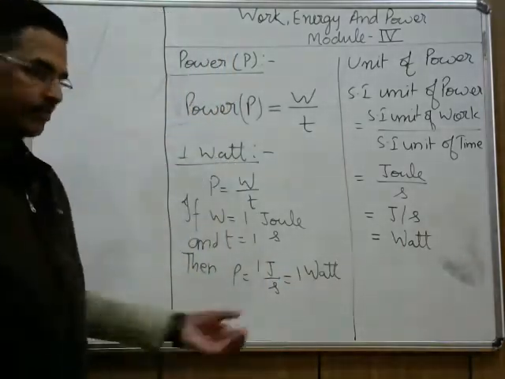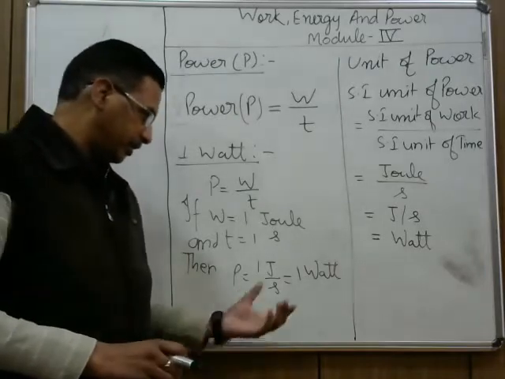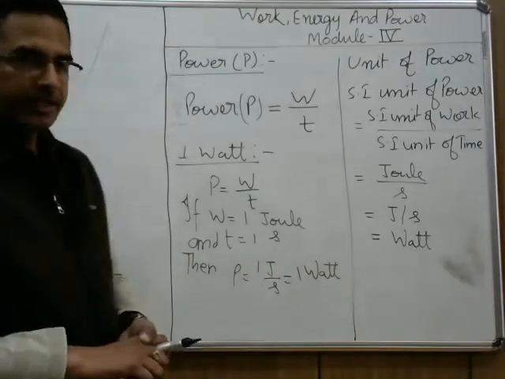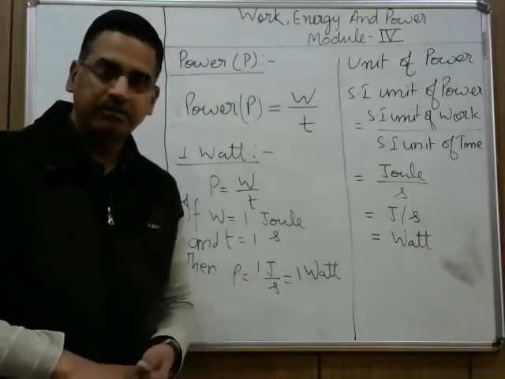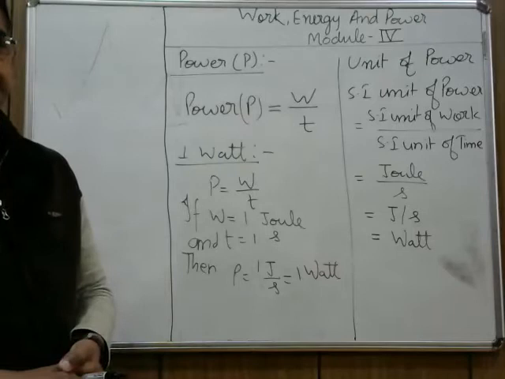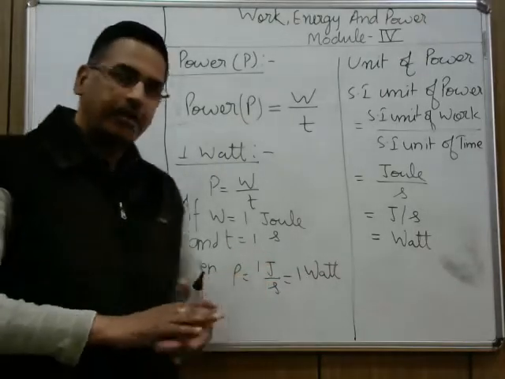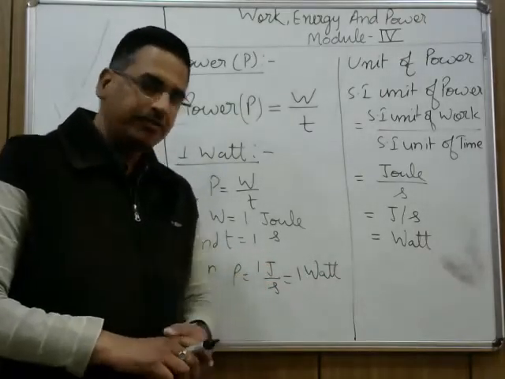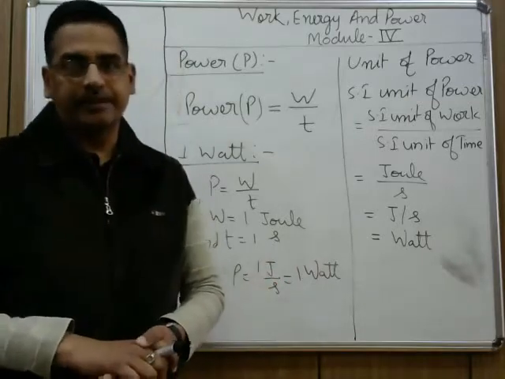So, from this expression, it is clear that if 1 joule of work is done by any agent in 1 second, then the power of that agent is 1 watt, or 1 watt is the power of a machine which performs a work of 1 joule in 1 second.